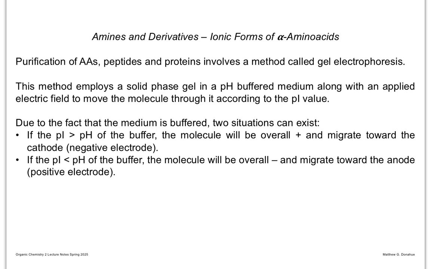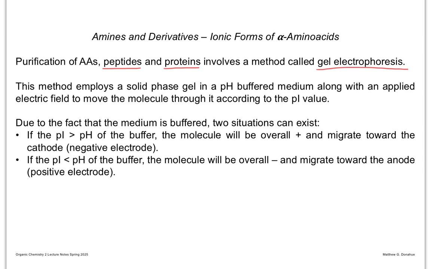So overall, in that exercise you were looking at individual amino acids, but you can imagine once we start bonding them together through amide bonds, which are also called peptide bonds, ultimately a long peptide chain will make a protein. The purification of those things is done using gel electrophoresis.